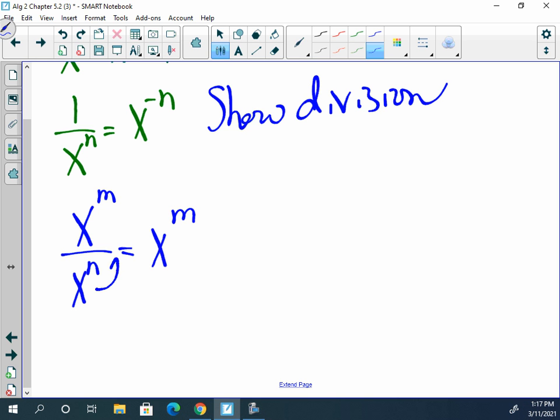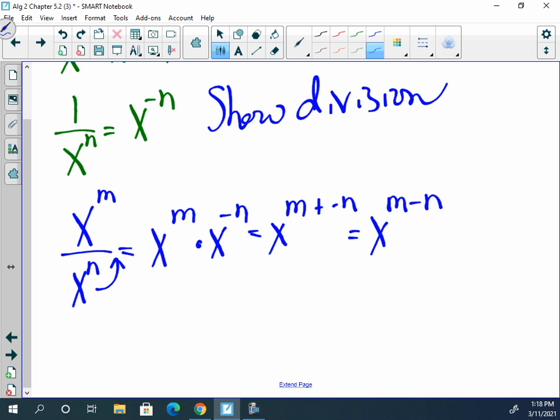So I can move this up, which would be times x to the negative n. That works out, yes? But since the bases are the same and they're being multiplied, I can add the exponents, yes? That'd be the same as saying x to the m plus negative n, which is x to the m minus n. Well, that's our property for quotients.